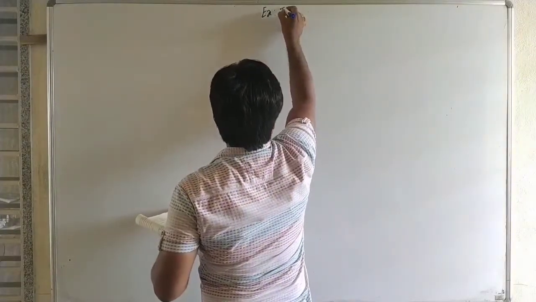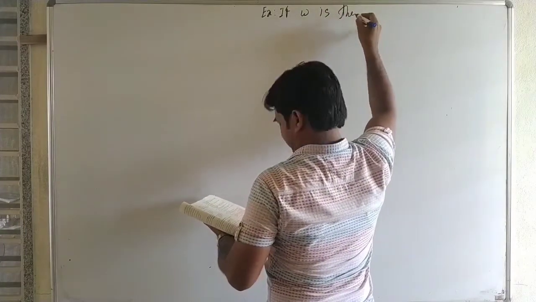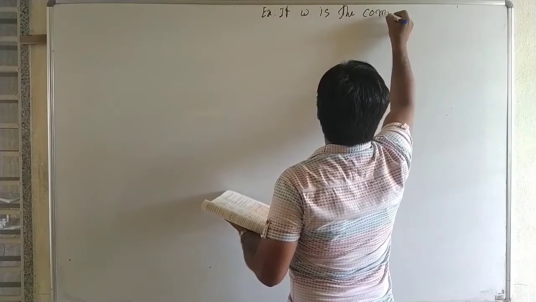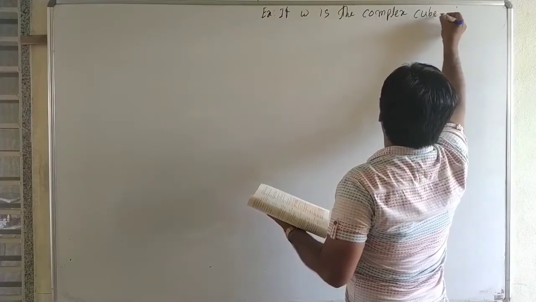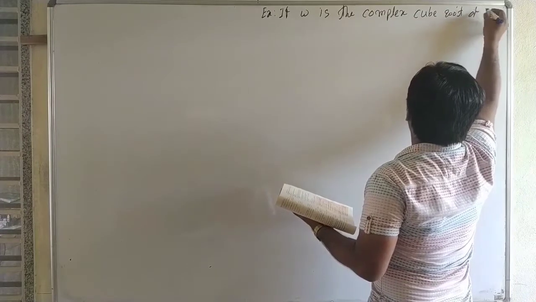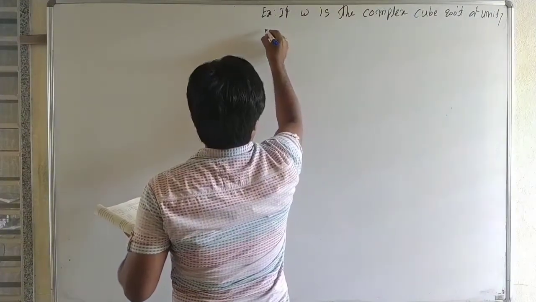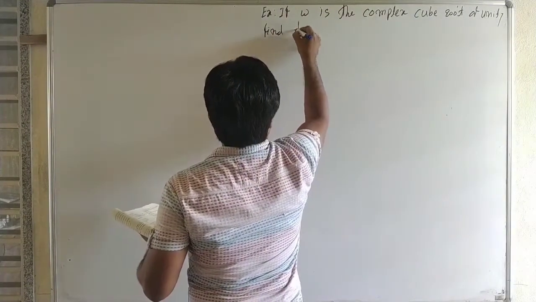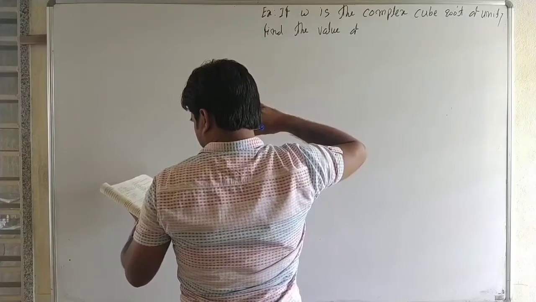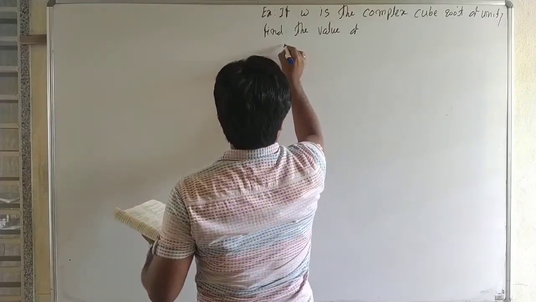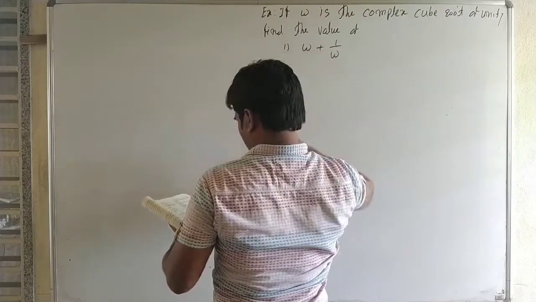If omega is the complex cube root of unity, then find the value of number 1, omega plus 1 upon omega.